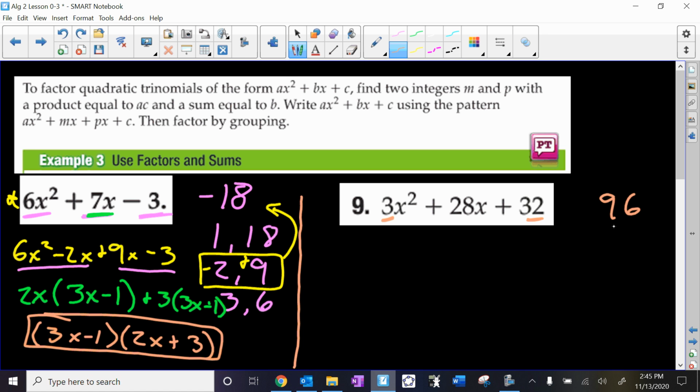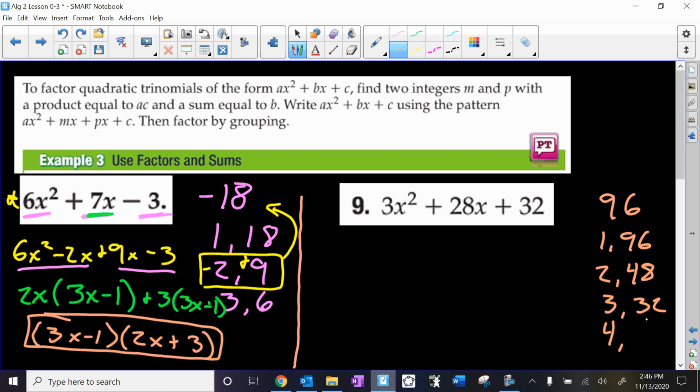We're going to find all the factors of 96, or at least until we get up to a positive 28x, which in this case, 1 and 96. 2, if I take 96 divided by 2, that's going to get us 48. That still didn't work. 3 gets us to 32. Well, that didn't quite work. I mean, it could, but not quite. Let's go on to the next one. Let's try 4.